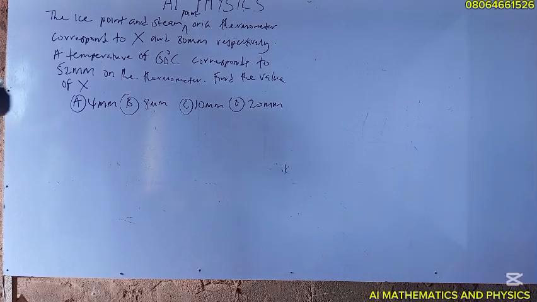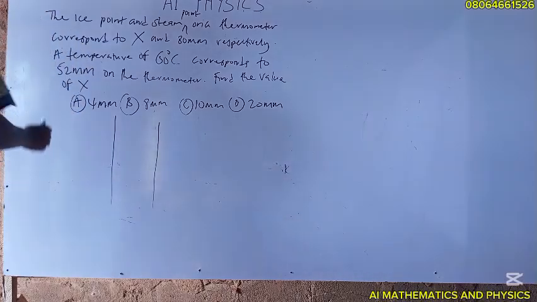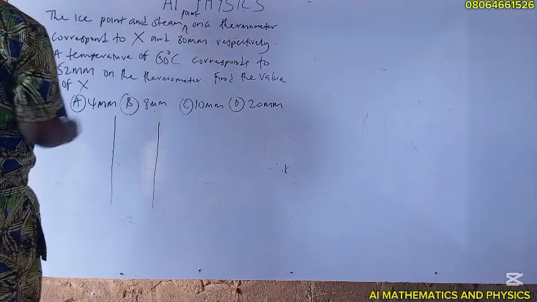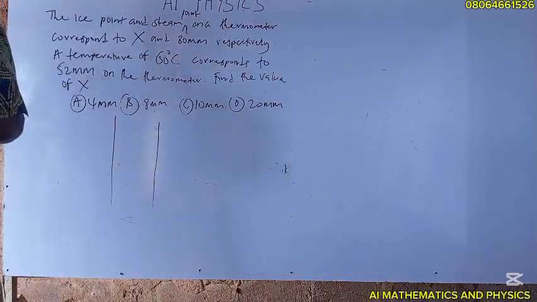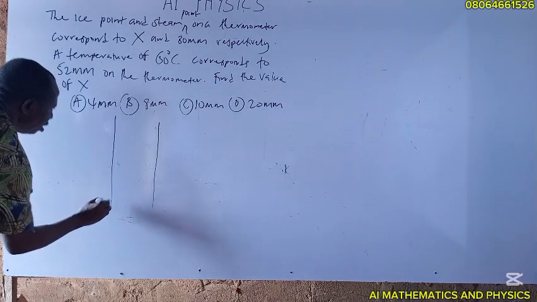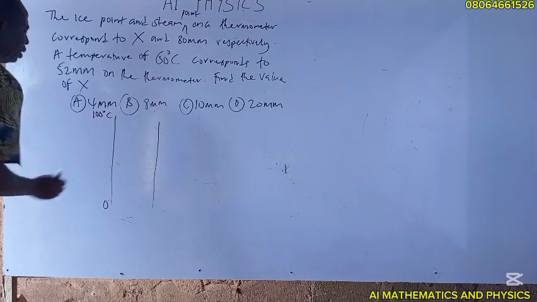What you need to do is very simple. Just draw two lines, one for temperature and one for the length. Now, the ice point, if you are using Celsius, is 0°, and the steam point was 100°C. You do it like that.